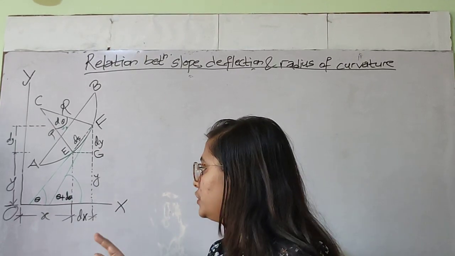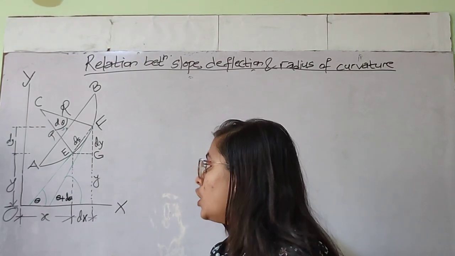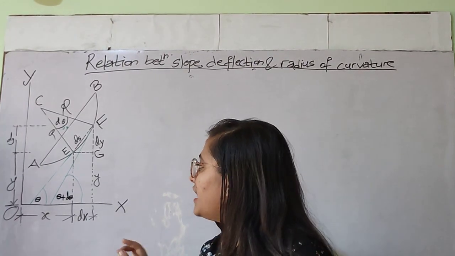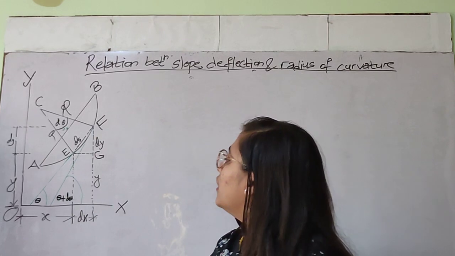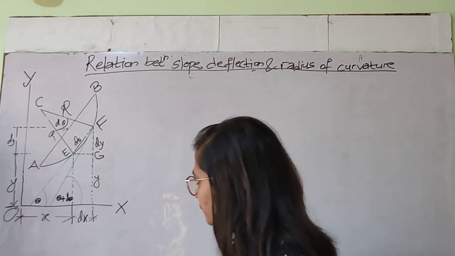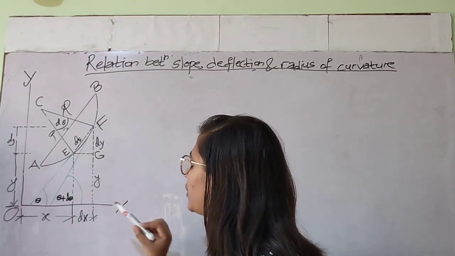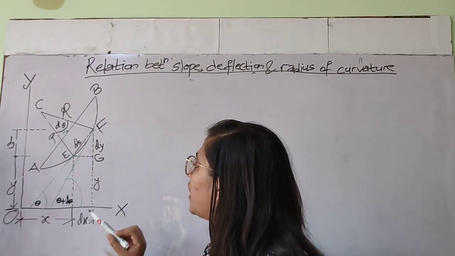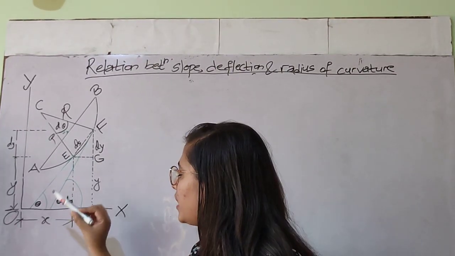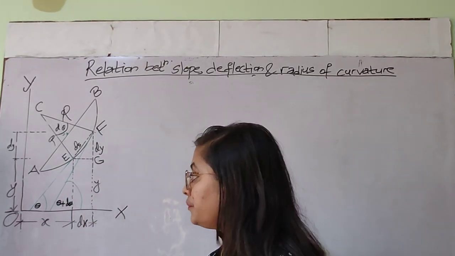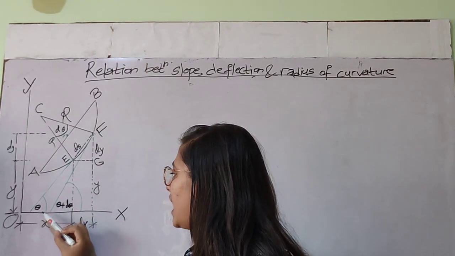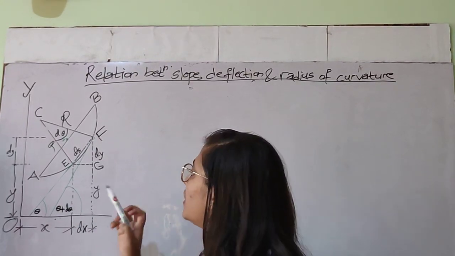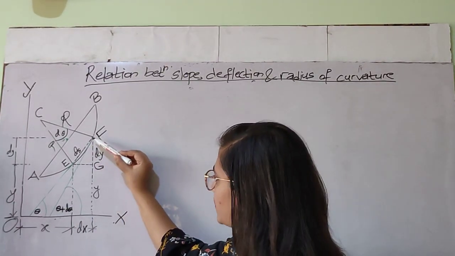From the point E, we draw a perpendicular to the x-axis, which is at a distance x from the origin, and at a distance y. And from the point F, we draw another perpendicular, which is at a distance x plus dx from the origin, and y plus dy on the y-axis. So these are making angles theta and theta plus d theta. This dx is a small length, and this ds is also a very small length.